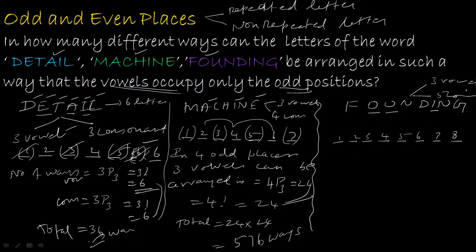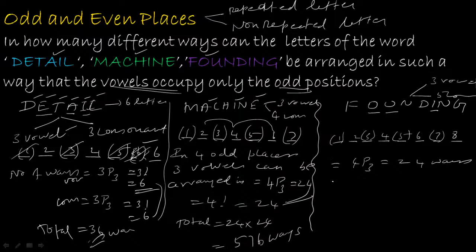So here we have 3 vowels. If you mark the odd positions, we have 1, 3, 5, 7. We have 4 places, but we have only 3 vowels. So in 4 odd places, the 3 vowels can be arranged in 4P3 ways. Just now we have seen, that is 24 ways, isn't it?